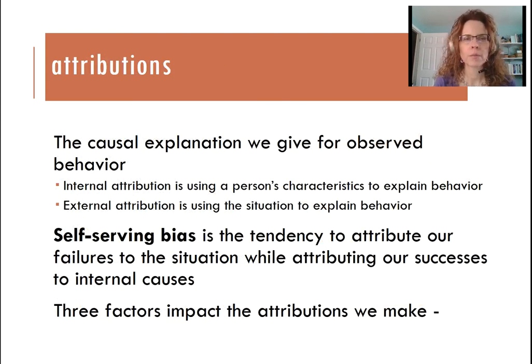A major topic we want to talk about, related to what I was just describing, is this notion of attributions. Attributions are defined as the causal explanations that we give for observed behavior. So you and I observe people doing different things, and in our minds, we create what we call a tacit theory, T-A-C-I-T, theory to explain what we're observing.